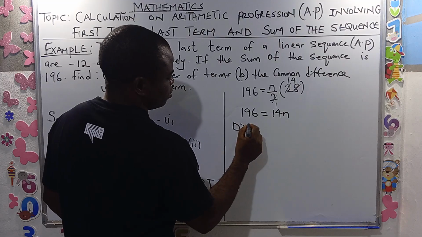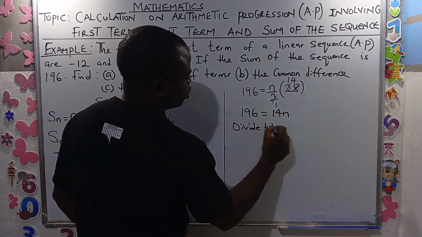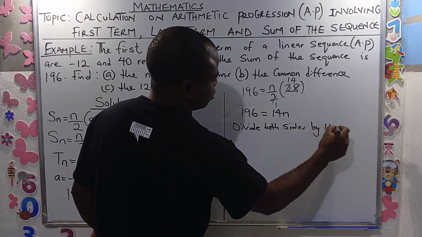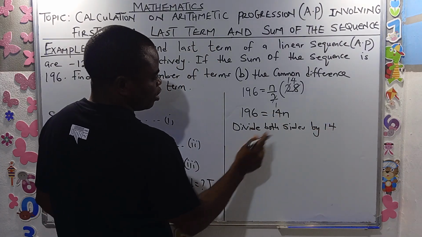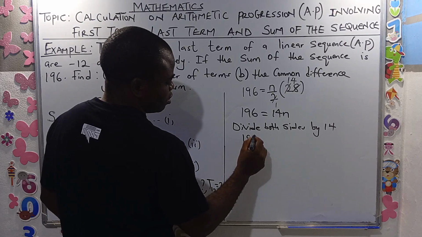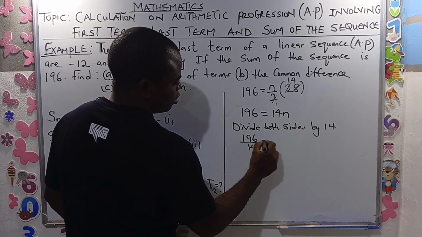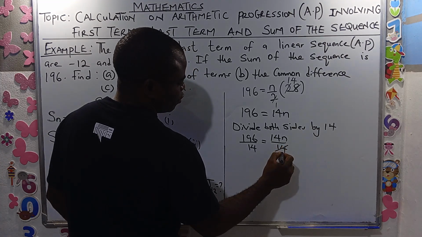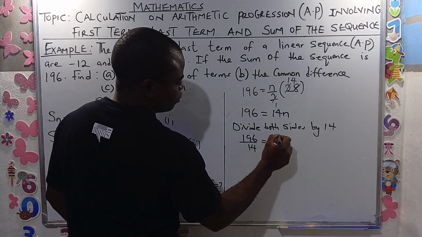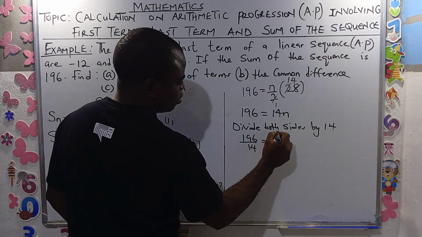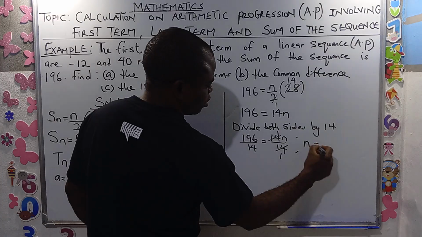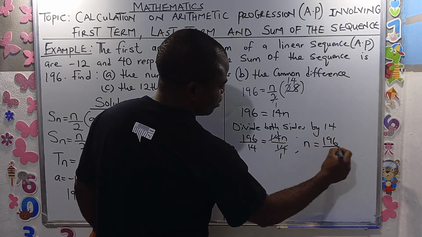Divide both sides by 14, because we're looking for the number of terms. 196 divided by 14 equals 14n divided by 14. 14 divided by 14 is 1. Now we have n equal to 196 divided by 14.